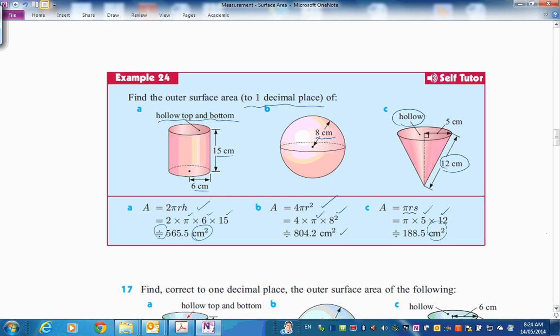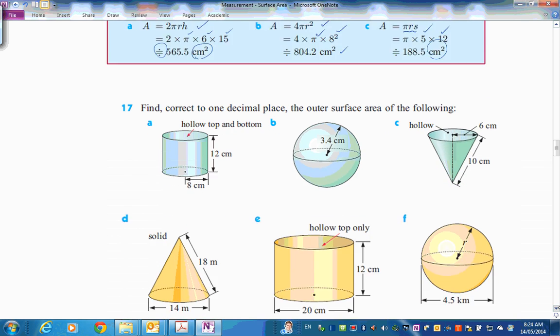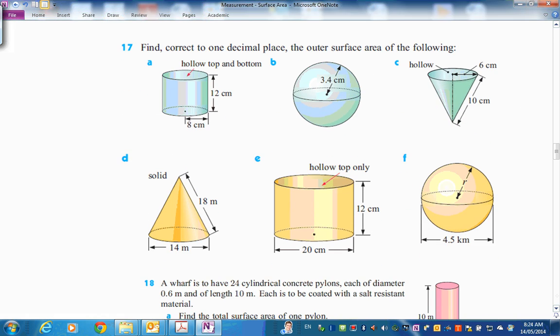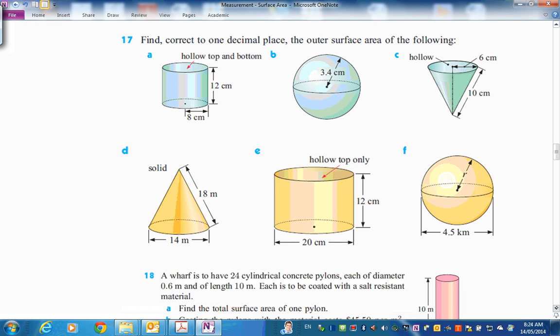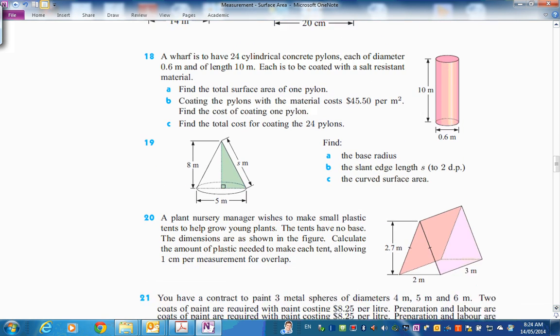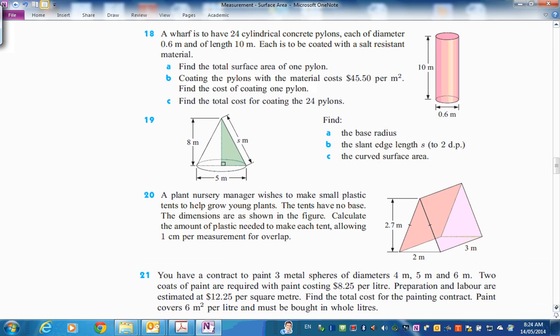All right. Let's have a look now and give you a few to do here. There's 17, just checking your formula now and practising. Pause it, have a go. The answers are down below. Have a look at 18 now. So if we can get them all on. No, we can't get them all on. 18, 19 and 20.